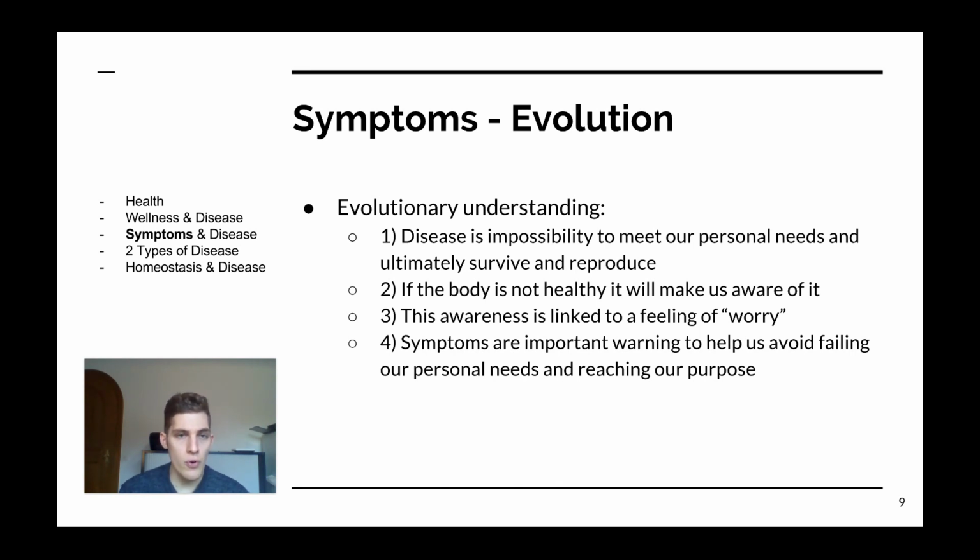Now, of course, we can say that subjective evidence of a state of disease is important to help us avoid failing our personal needs, and so avoid not reaching our ultimate goal of survival and reproduction. And on the other end, wellness and health indicates that we are able to meet our needs and we are therefore on the right track to survive and reproduce.